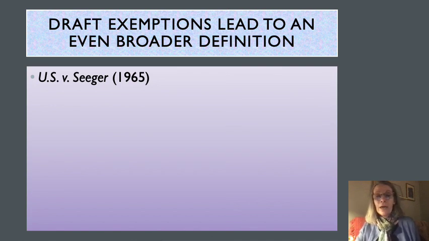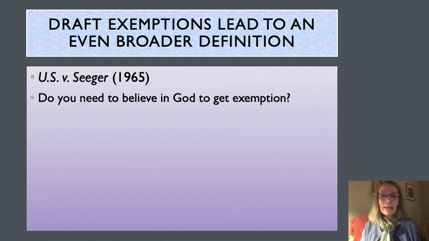v. Seeger. In this case, Daniel Seeger said that he could not fight in the war in Vietnam because of his religious beliefs. But he was honest and he said he wasn't absolutely sure about whether or not God existed, therefore making him ineligible for an exemption. So the question before the court was whether you actually have to believe in the existence of a supreme being for your set of beliefs to be considered a religion.